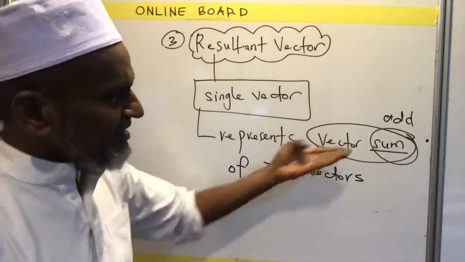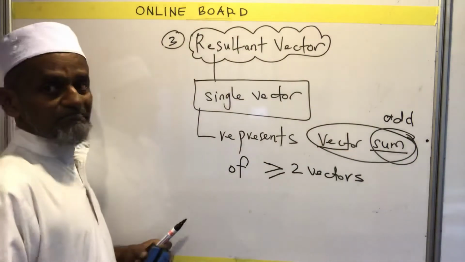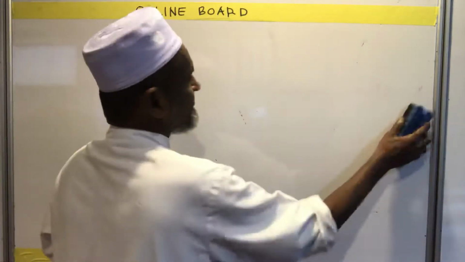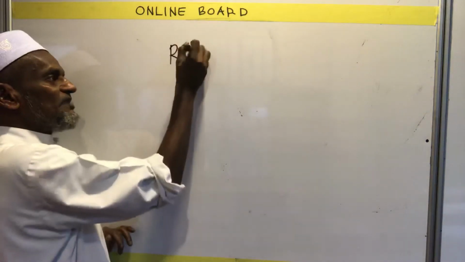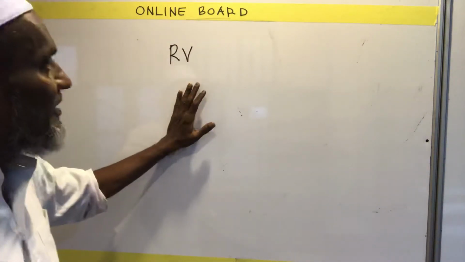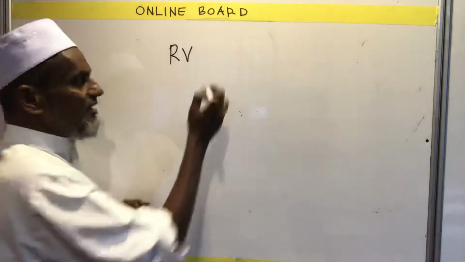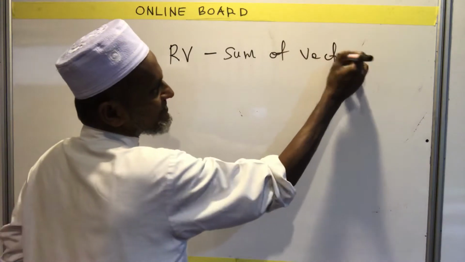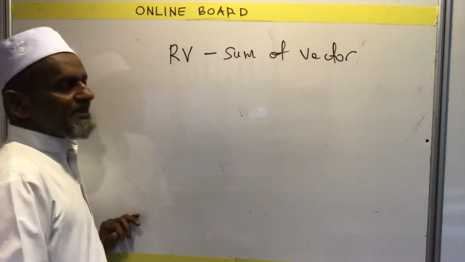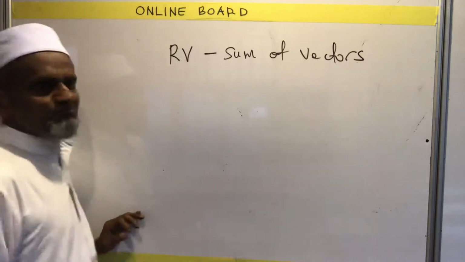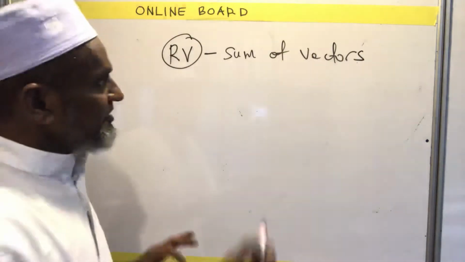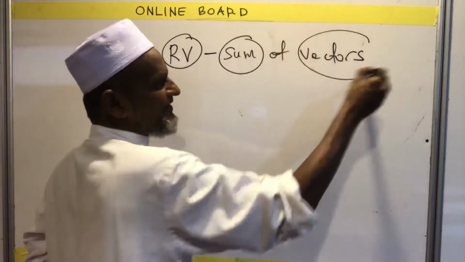Now we look at what is the meaning of vector sum. So in short, a resultant vector, I use the short form RV, resultant vector, in a simplified version, is the sum of vectors.